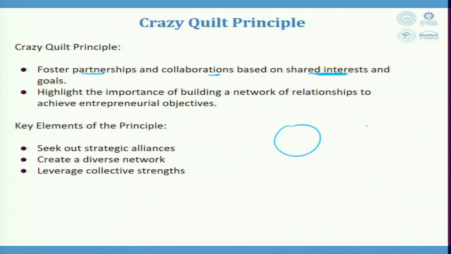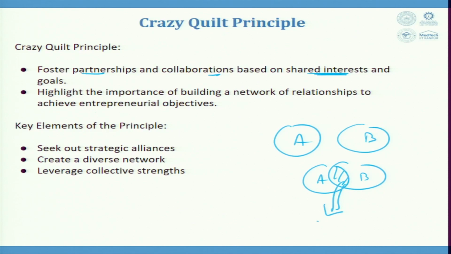I am good, you are good, let us become good. A is your space, B is my space, A and B join together, you come up in a sense. Big partners nowadays gang up and then they do it. Building a network of relationships to achieve entrepreneurial objectives is part of the crazy quilt principle.